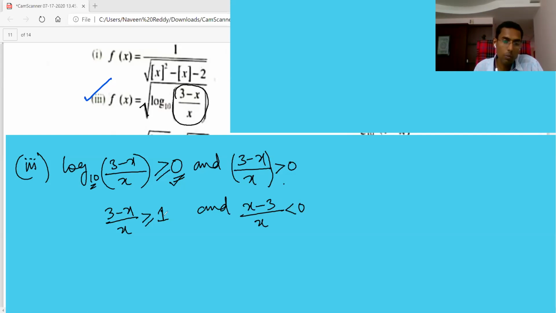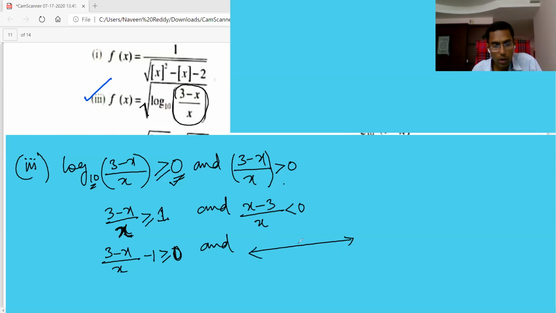So in this case, you bring the 1 to this side: (3 minus x) by x minus 1 greater than or equal to 0. The x you cannot take to that side, because you don't know whether x is positive or negative. But minus 1 you can always bring to this side because 1 is a constant. Now you know how to solve this.